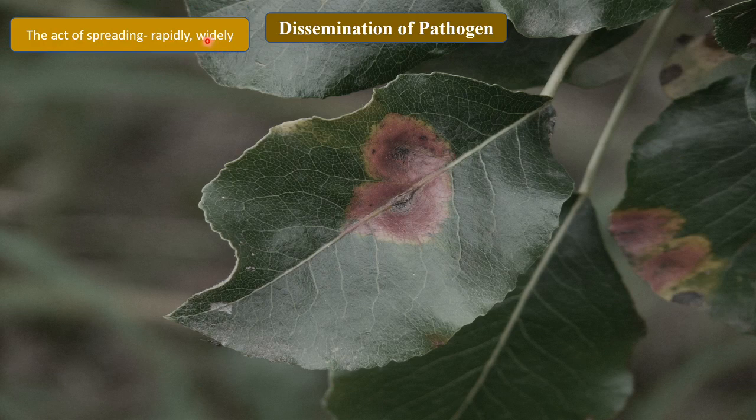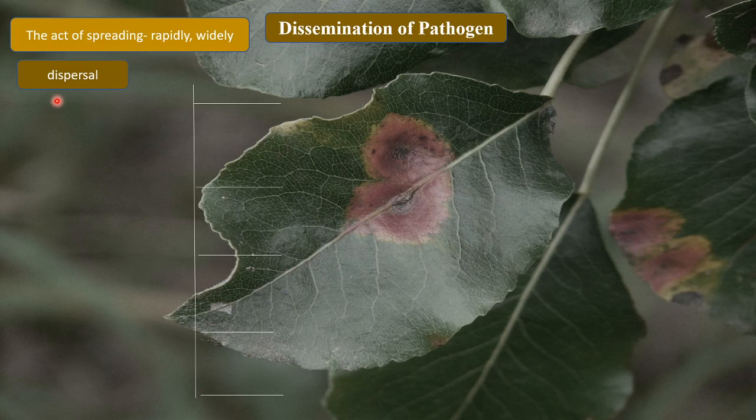The word disseminate can also be used for other purposes, for example dissemination of information. Information sometimes spreads rapidly and widely. The same is the meaning with pathogen, where the pathogen will spread itself rapidly and widely. So this is dissemination of pathogen. This can also be called dispersal, that is, spreading.